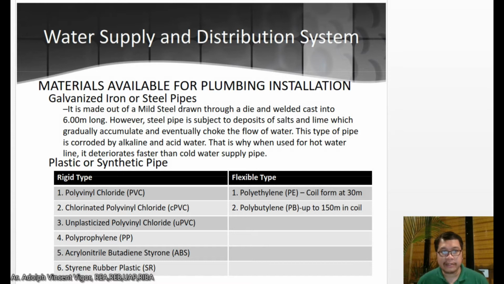Okay, so let's go back again to the water supply and distribution system. Let's discuss the materials available for plumbing installation. Examples are galvanized iron or steel pipes, which is made out of mild steel drawn through a die and welded, cast into a 6 meter long pipe.